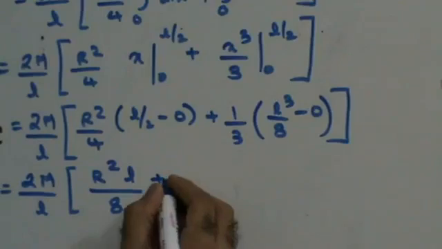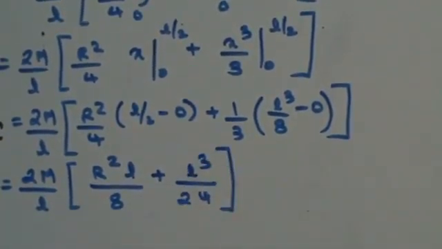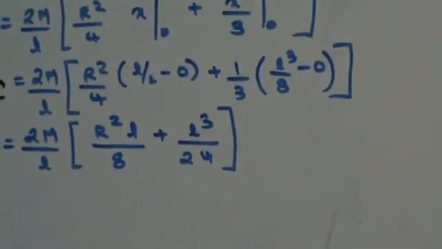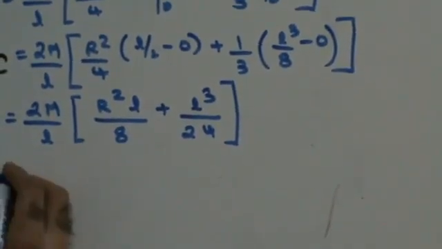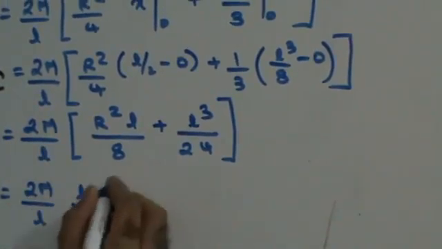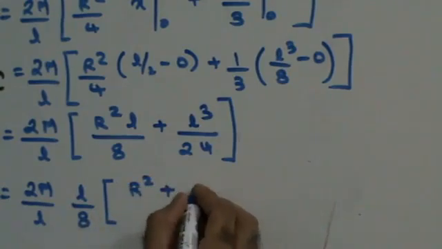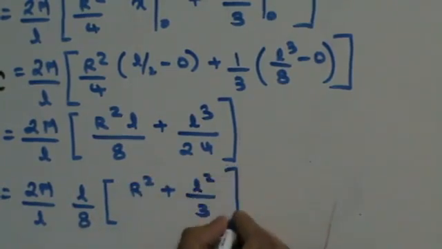plus L cube by 24. Here I could take L common and 8 common, so you will get 2m by L. I am taking L by 8 common, so you will get r square plus L square by 3.